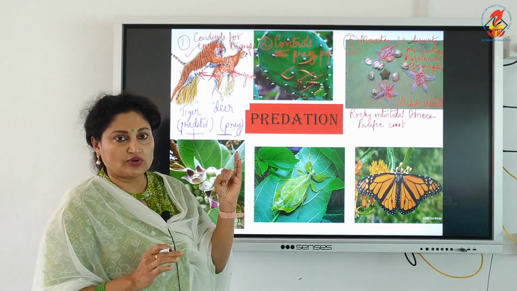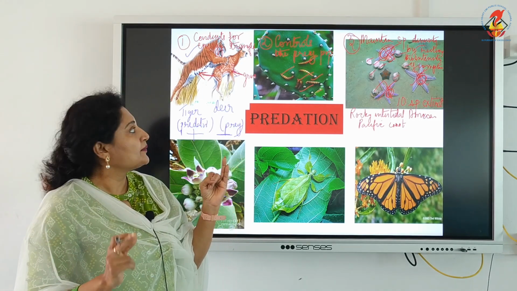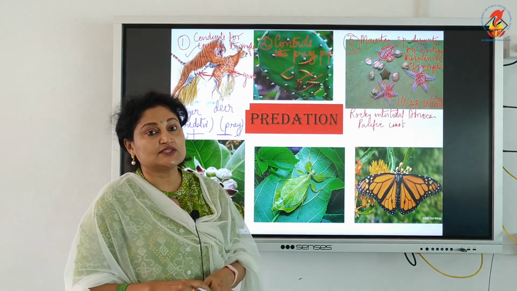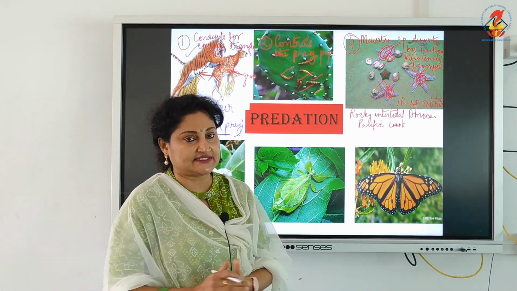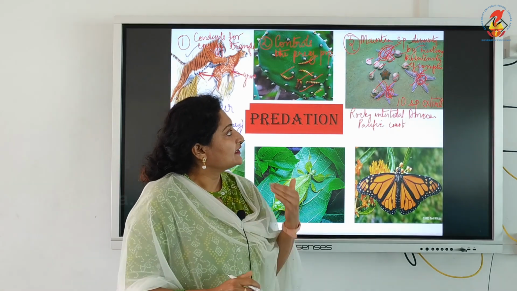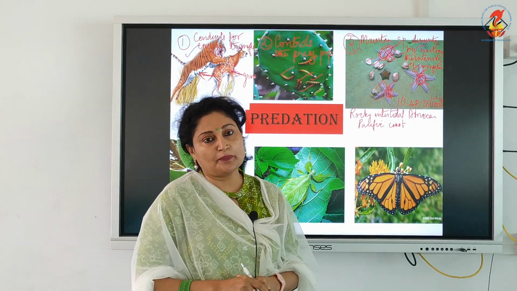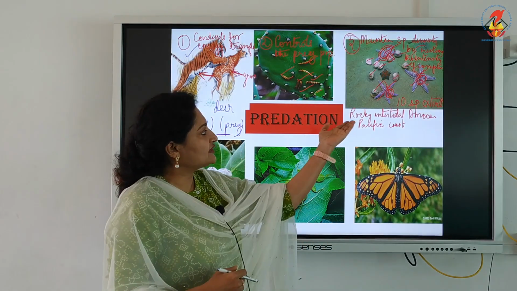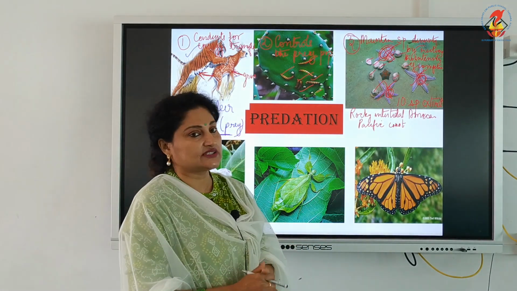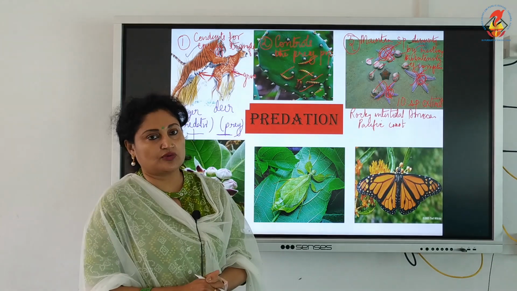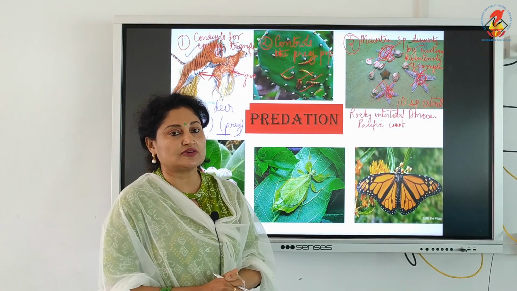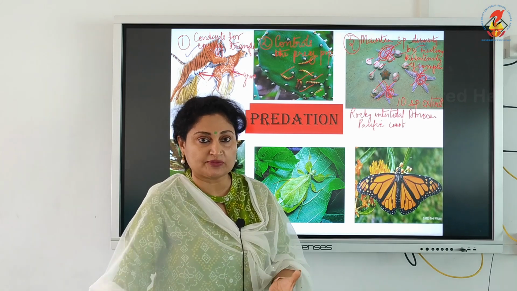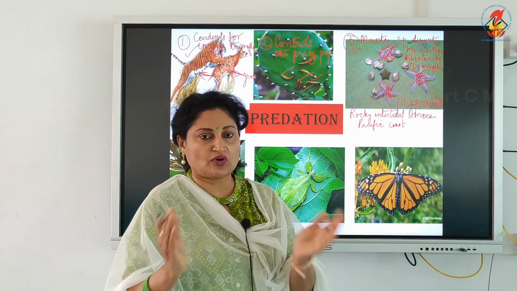So the second role is to control the prey population, and the third role of the predators is that it maintains species diversity by reducing the intensity of competition between the prey species. A very good example is that of the rocky intertidal American Pacific coast, where the main predator was the starfish. It was experimentally removed. So they had to take a very small enclosed area.